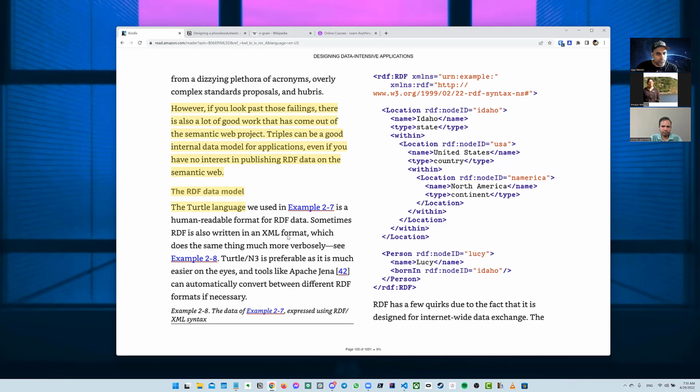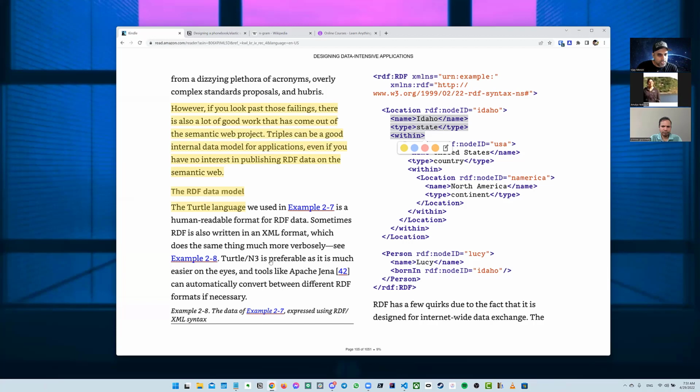And then RDF is basically the model for a human-readable format for the Turtle language, or the triples structure. And you can see it here: name, type, within. So this matches up to a graph, right? Vertices and edges.